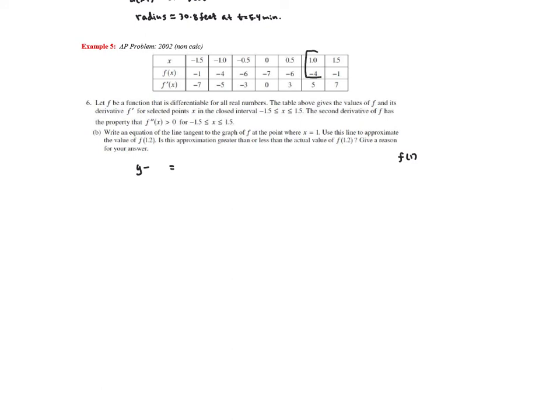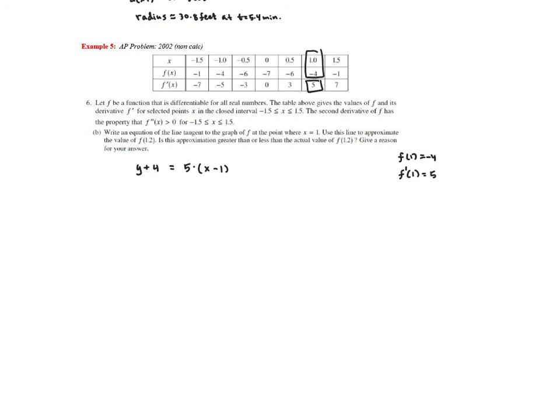F of 1 is negative 4. Okay, so that'll be y minus a negative 4 equals something times x minus 1. I just need the slope. What is f prime at 1? F prime at 1 is 5. All right, so there's my tangent line to the graph of f.